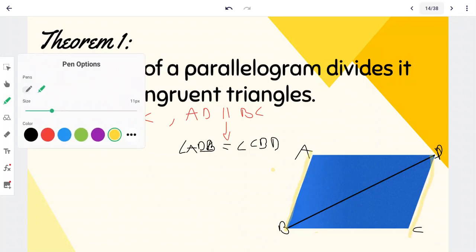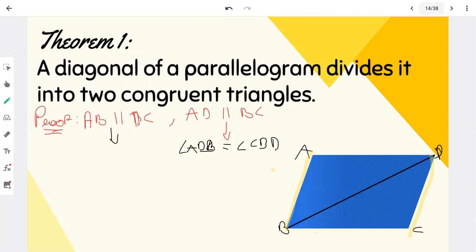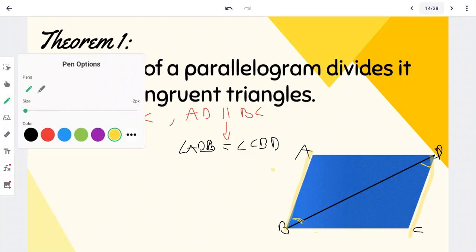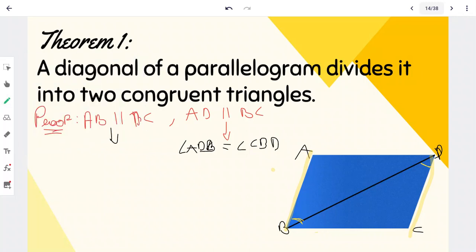Again, can we get two alternate interior angles? Yes, we can. What are they? They are ABD and CDB. These two are the alternate interior angles. So again, let us write that also. Angle ABD is equal to angle CDB by alternate interior angles.